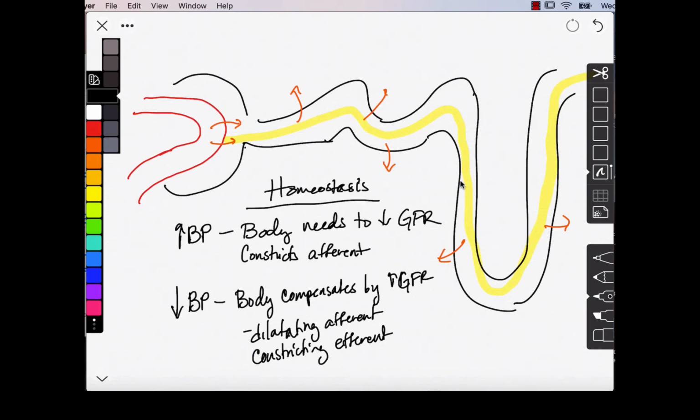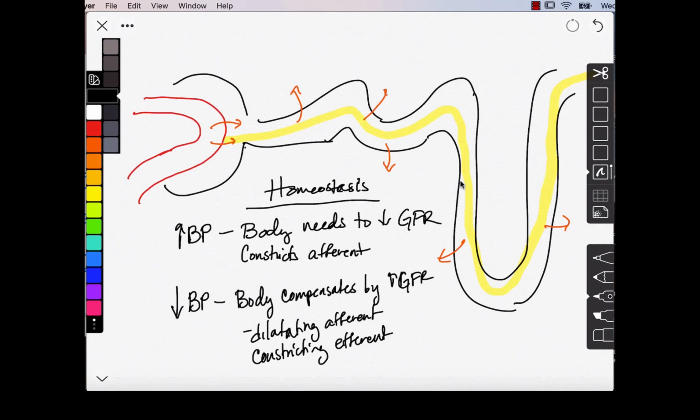So the trick here in terms of exam questions is be mindful of what I'm asking. If I'm asking you what would increased blood pressure do to glomerular filtration, you're going to tell me it's going to increase it. But if I ask how would your body respond to increased glomerular filtration, then you're going to start talking about this homeostatic response where your body is compensating for the increased flow by trying to decrease it.